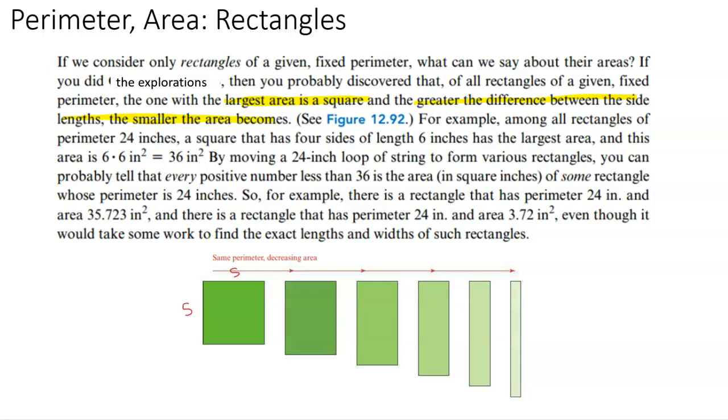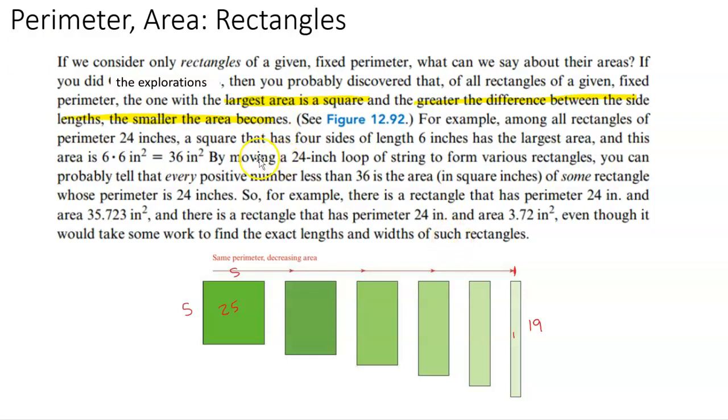But if we had something like 1 and 19, that has a really big difference between the side lengths, and that ends up with the smallest area, where this area is 25 and this area is 19. That can help you make sense of that.